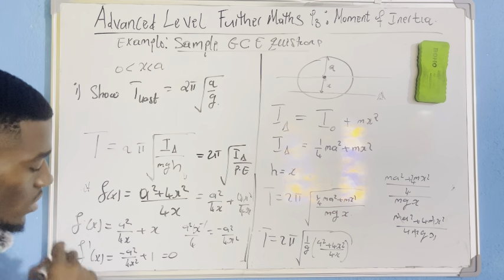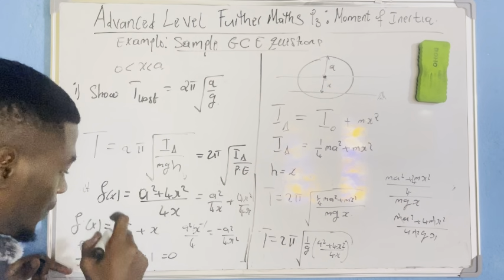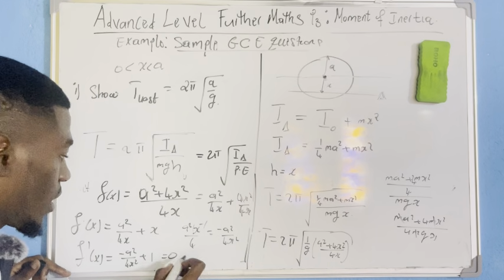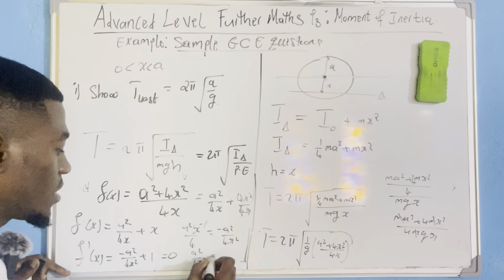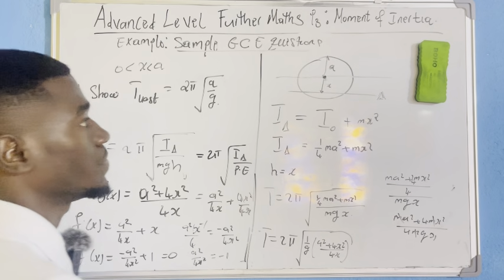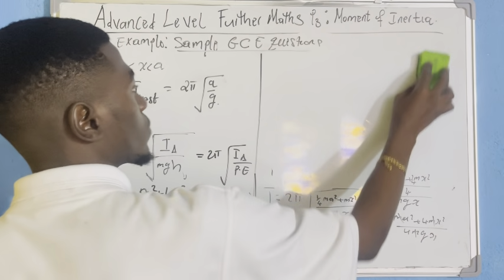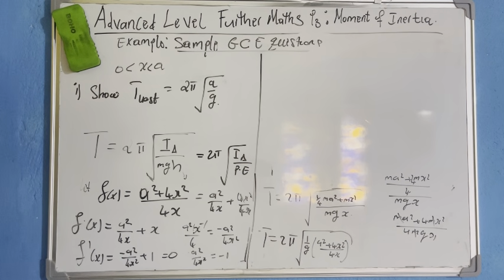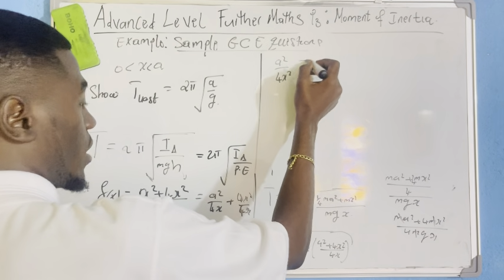When I equate to 0, I bring this one here. I will have negative a squared all over 4x squared simply equals negative 1.